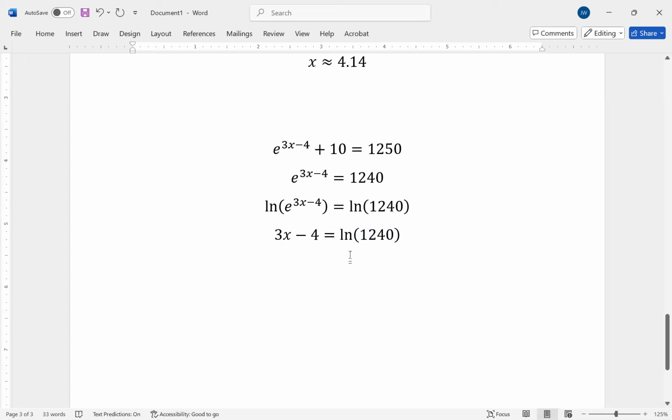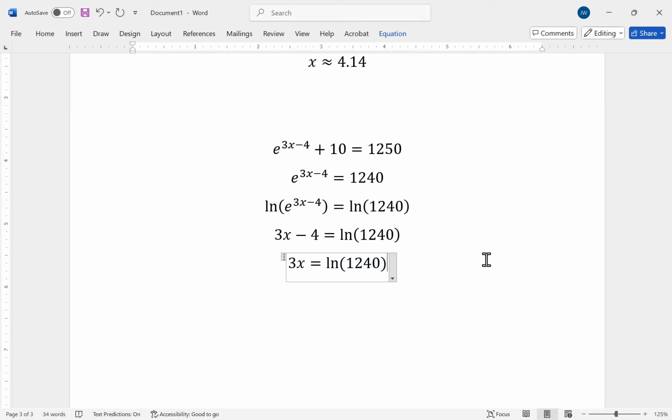We could get a decimal approximation now, but I'll wait till the end to do that. So at this point, we're not quite done because we have 3x minus 4 is equal to a real number. If I want to figure out what value of x I need, all I need to do is solve for x. Therefore, I'd add 4 to both sides.